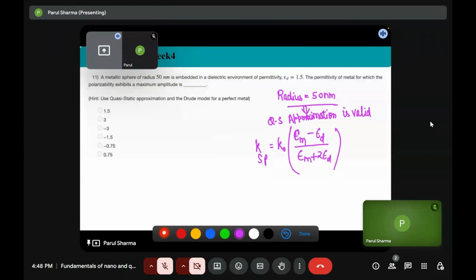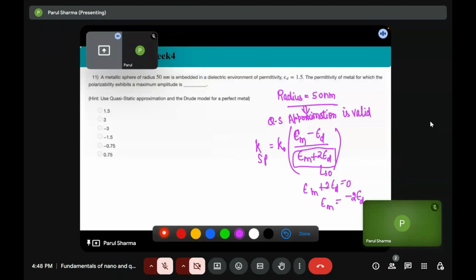In this case, we are using this approximation: the denominator epsilon m plus 2 epsilon d is equal to 0, and we have epsilon m equal to minus 2 epsilon d.